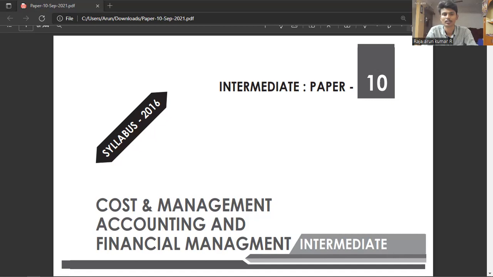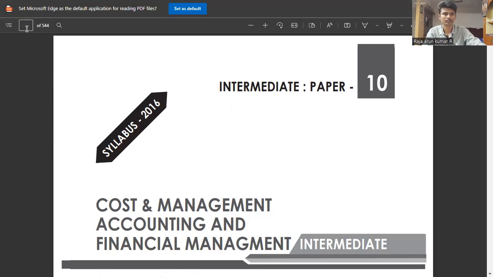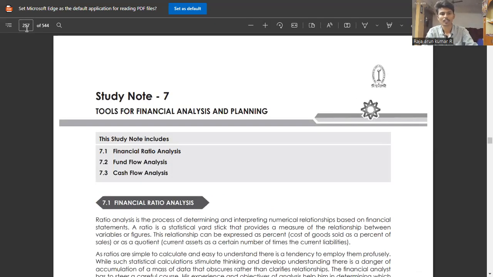Take the FM book. The chapter is study note 7. This is cash flow analysis, tools for financial analysis and planning. Study note 7 is the cash flow analysis.